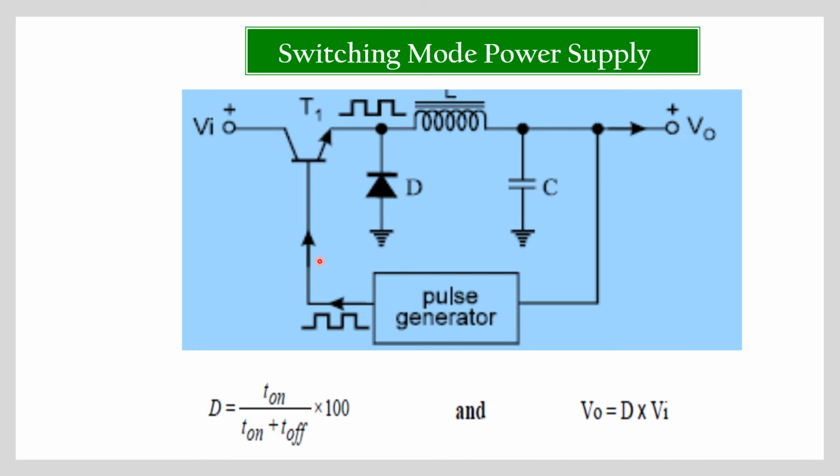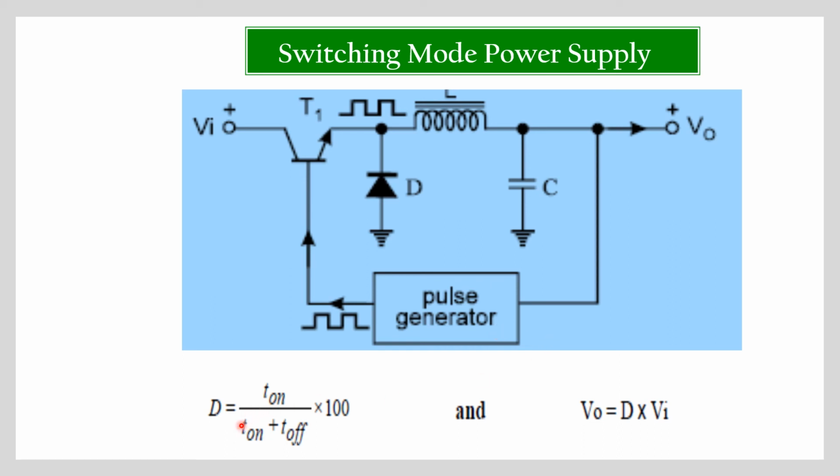It is used mostly in computers. SMPS is used there. In highly sophisticated instruments we use SMPS, where it is light in weight, low power consumption, and no heat is produced. For all these advantages, we use switching mode power supply.